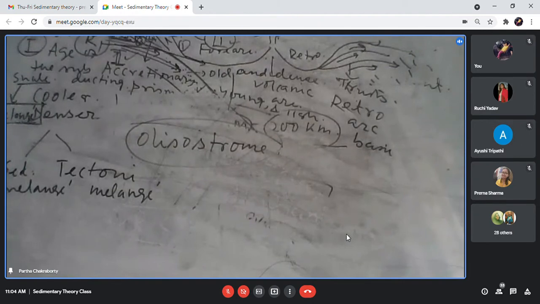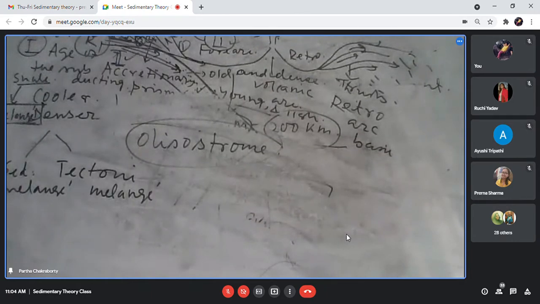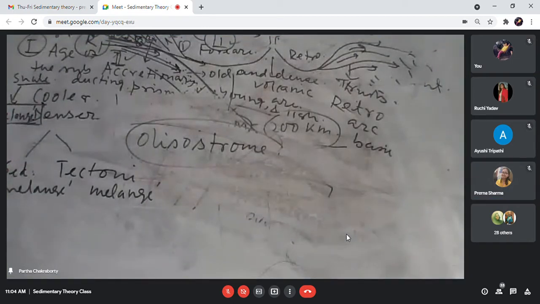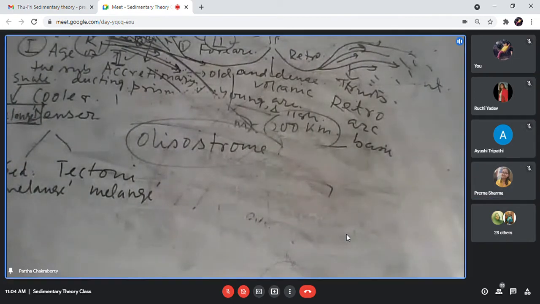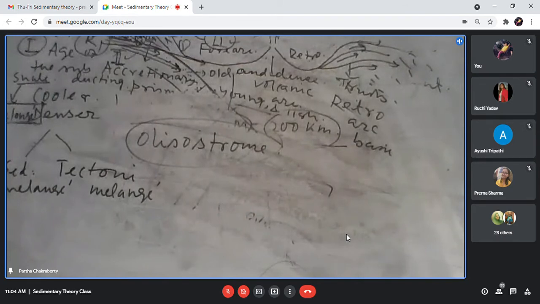Now, what is happening? If you have an outer arc, the downgoing slab has gone below it, right? It is now below the outer arc. Yes, sir. And then this entire outer arc creates this thrust, and the emplacement will cause a flexural bend at the front of it.